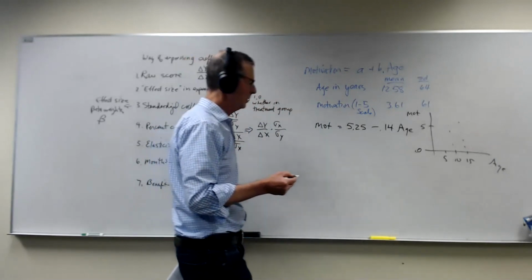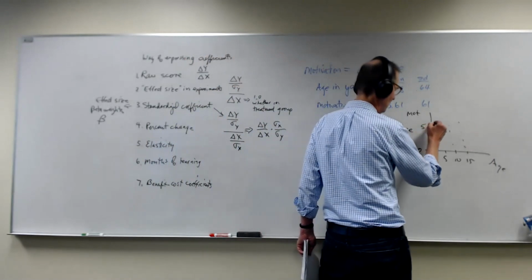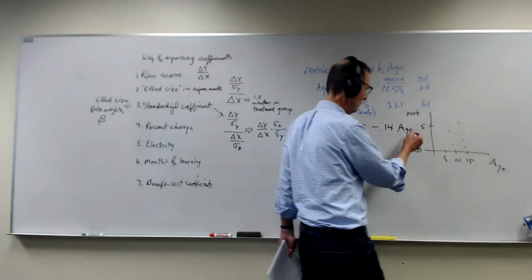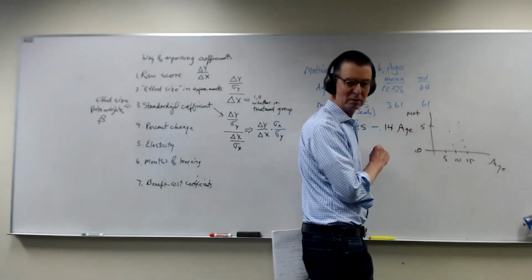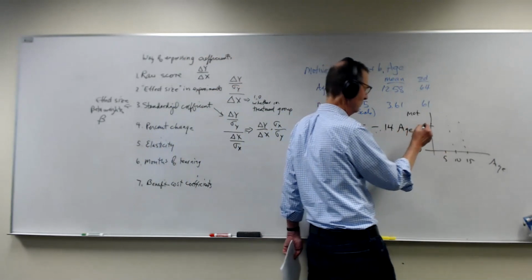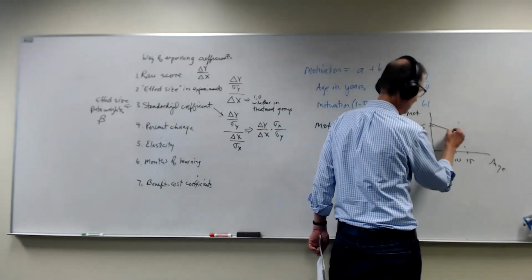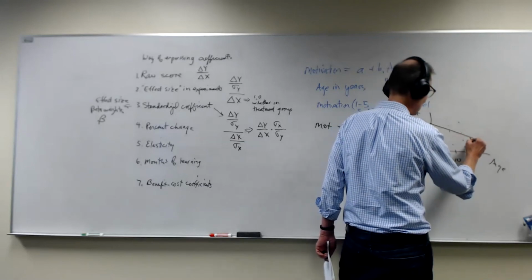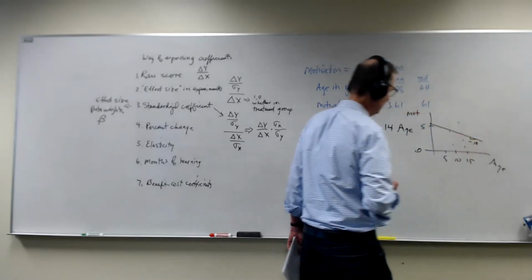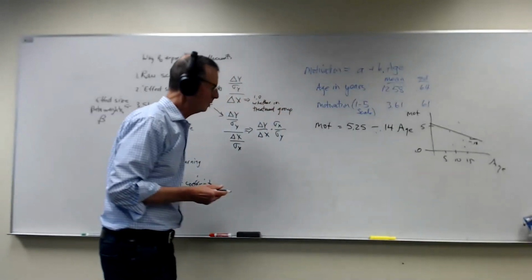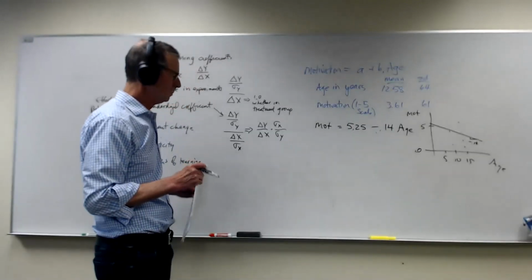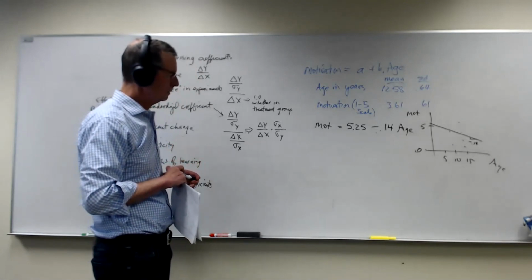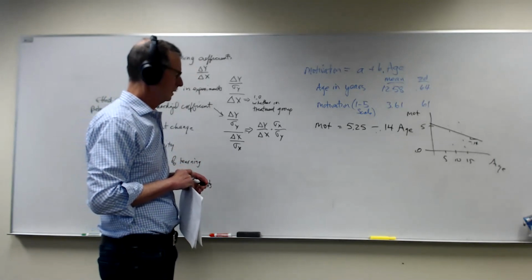If age is simply in years, you end up with an intercept of 5.25, which is motivation at 0 age, which doesn't make any sense, but that's what the equation gives you. And then you've got this decline with a slope of minus 0.14. So motivation declines by 0.14 units per year of age. And the question is, is that a big amount or a small amount?